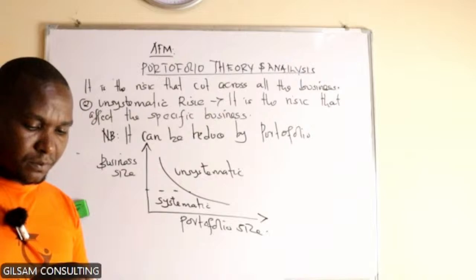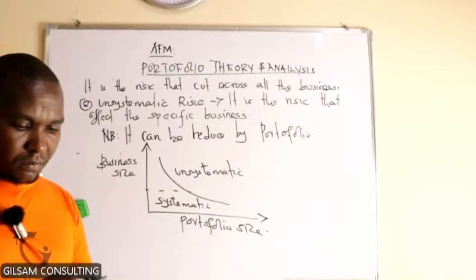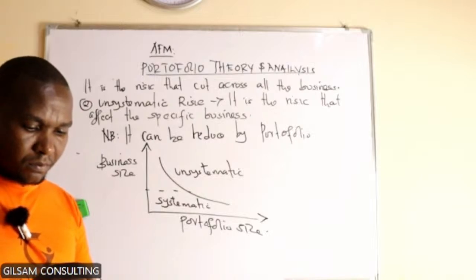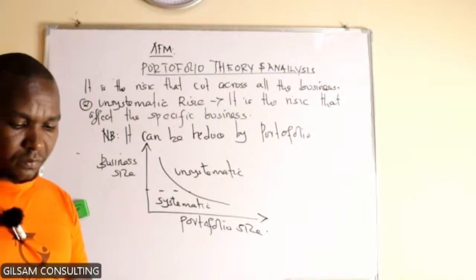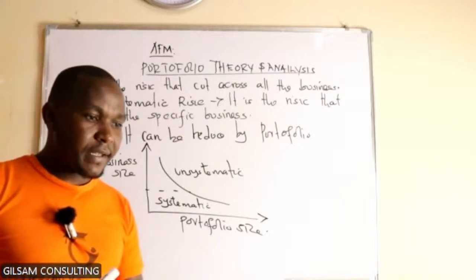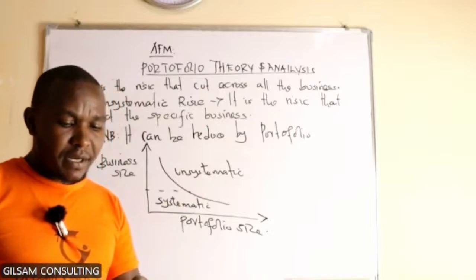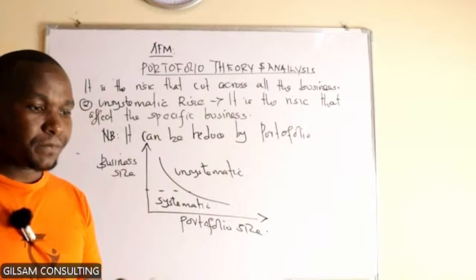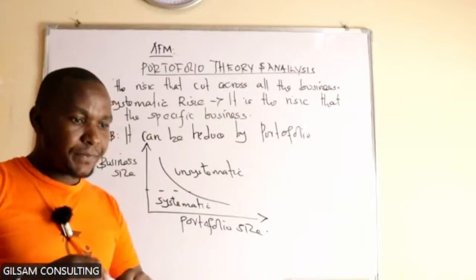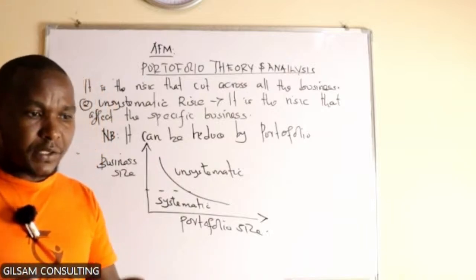So let's get the expected return first of project Simpa, and also the expected return for Nyati. We have been given the probabilities. The examiner mainly focuses on expected return and the standard deviation of the portfolio.